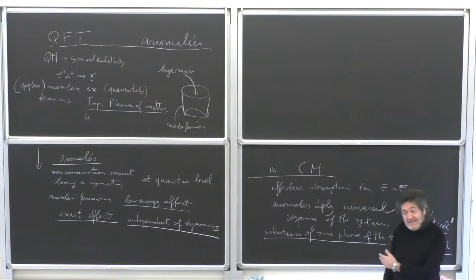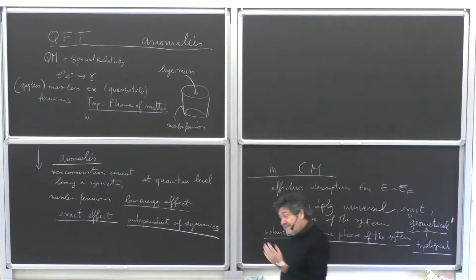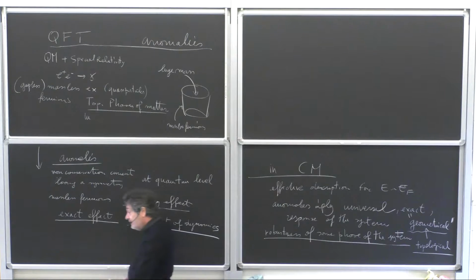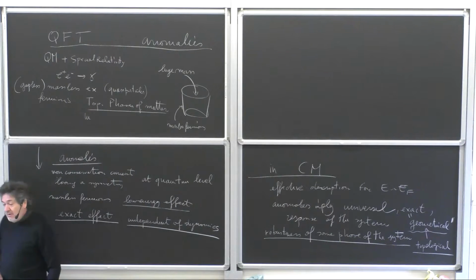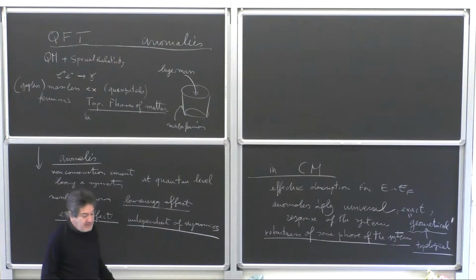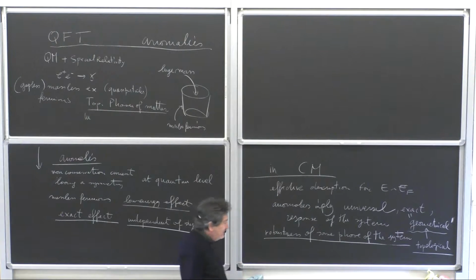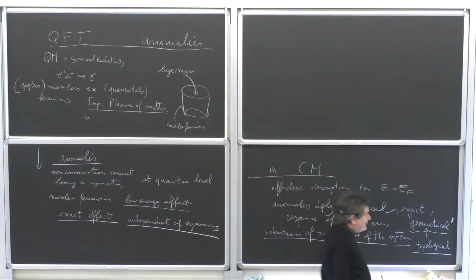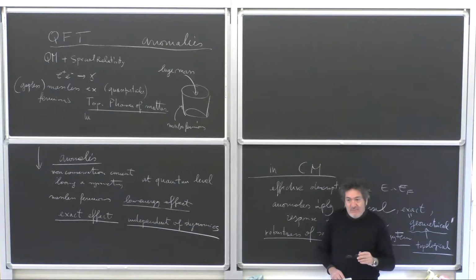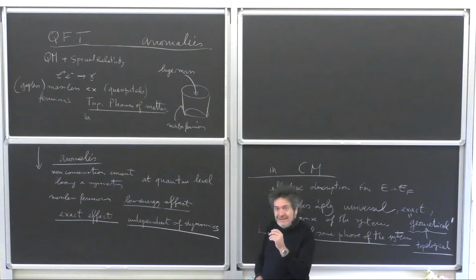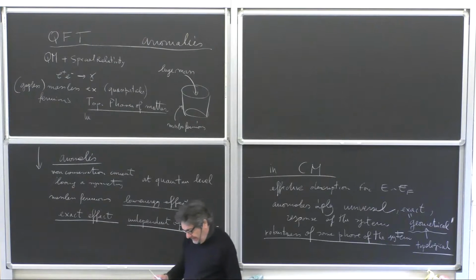Well, this is a case in which it is exact. It doesn't depend on disorder. It doesn't depend on all possible accidents that you find in your life, and it's independent. It's a fantastic thing. I hope I will be able to convey to you that it's a fantastic thing.